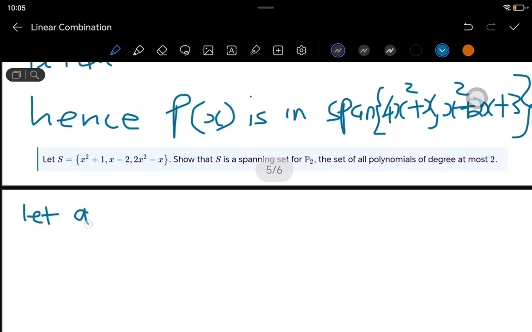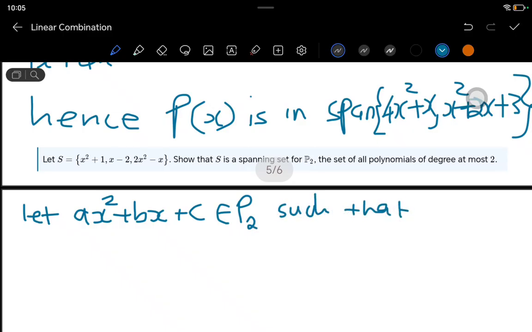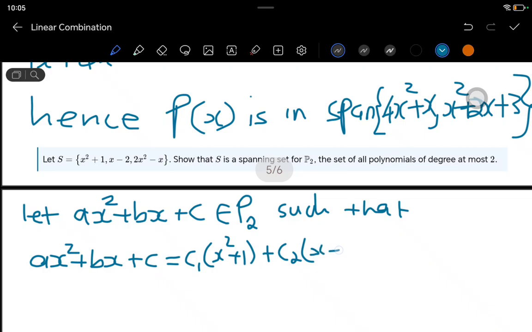So it means that we need to come and let ax squared plus bx plus c be an element of P2 such that ax squared plus bx plus c is equal to c1 times x squared plus 1, plus c2 times x minus 2, plus c3 times 2x squared minus x.